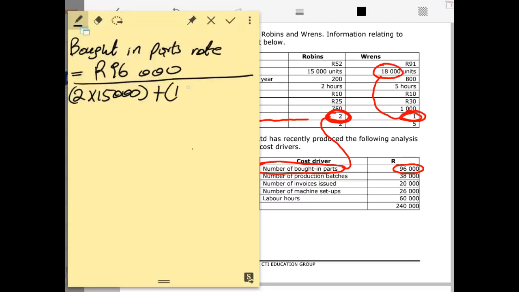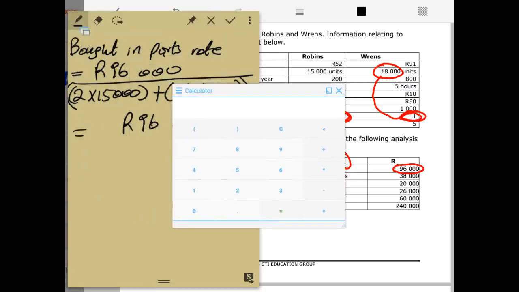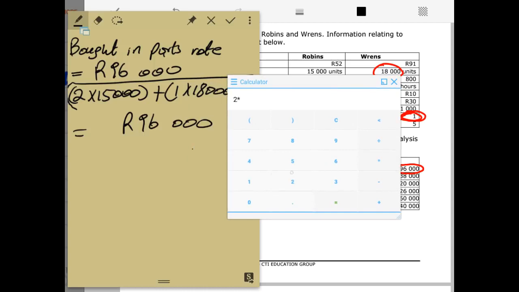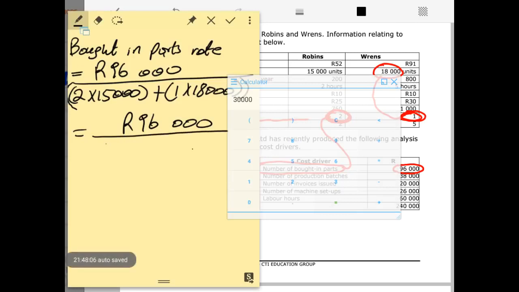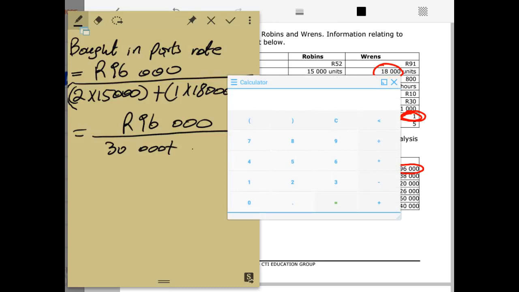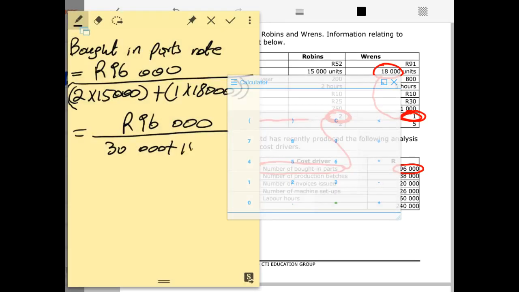Therefore it will be 1 times 18,000 units. So 2 times 15,000 is 30,000, plus 1 times 18,000, which gives us 18,000.